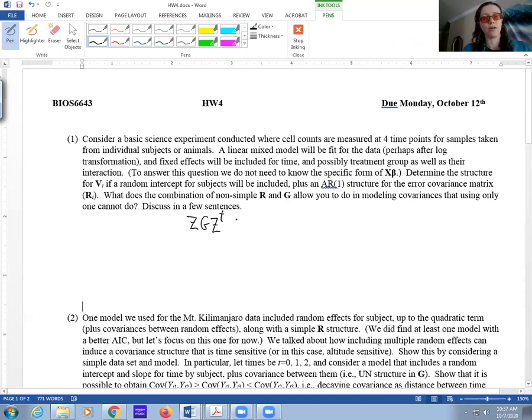Oh, you mean when you add this piece with this piece? Yeah, I'm saying if it was in both ZGZ' and R. Okay, so they will have different parameters. In R you're going to have the sigma squared epsilon, and in G they're going to be different variances.